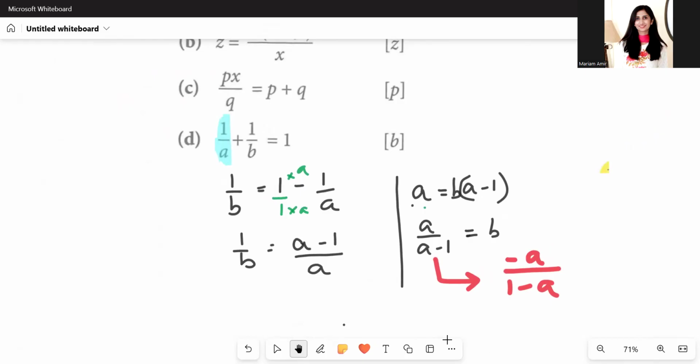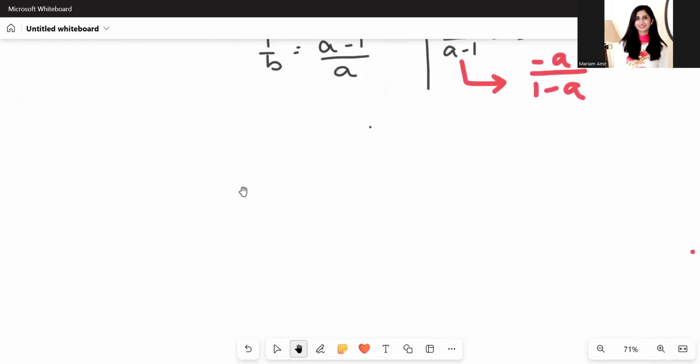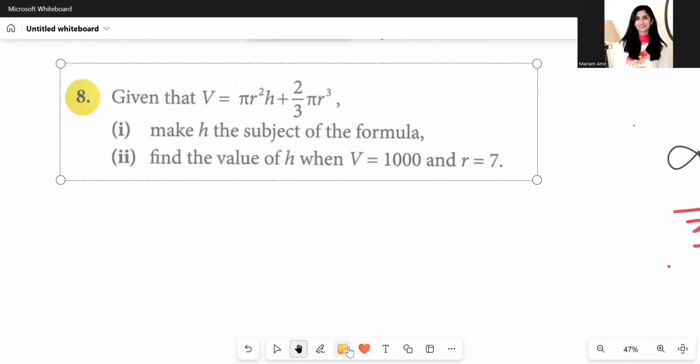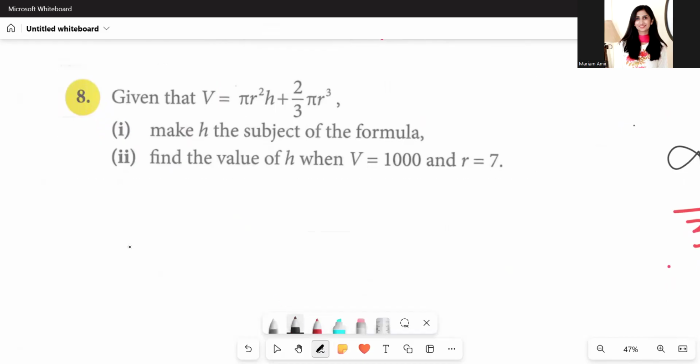Now we move on to question 8, which I think is a calculator question. Looks like it. Given that V equals, that seems like a very scary formula, pi r square h plus 2 over 3 pi r cube.